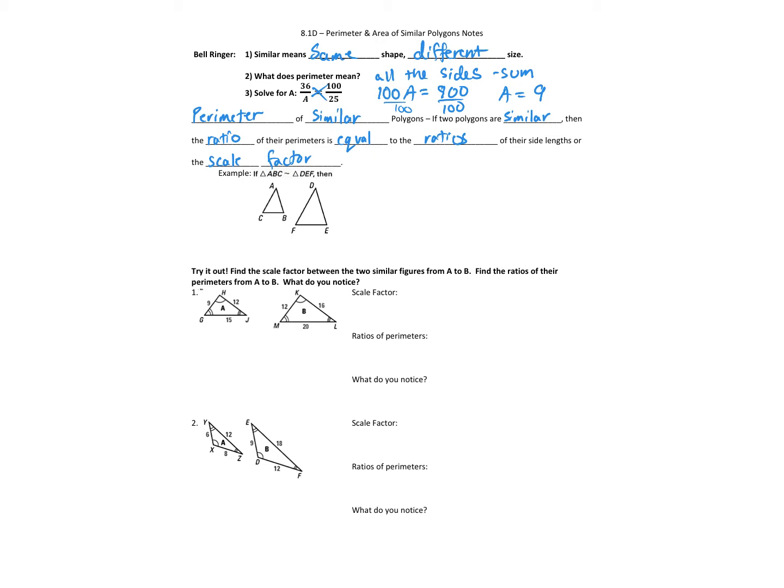So let's say this is 1, 2, 3, and this is 2, 4, 6. Here, if I compare the scale factor of the first one to the second one, this is 1/2.